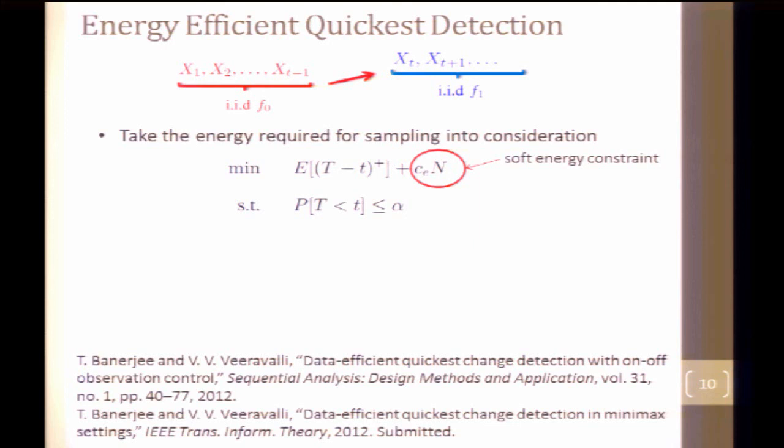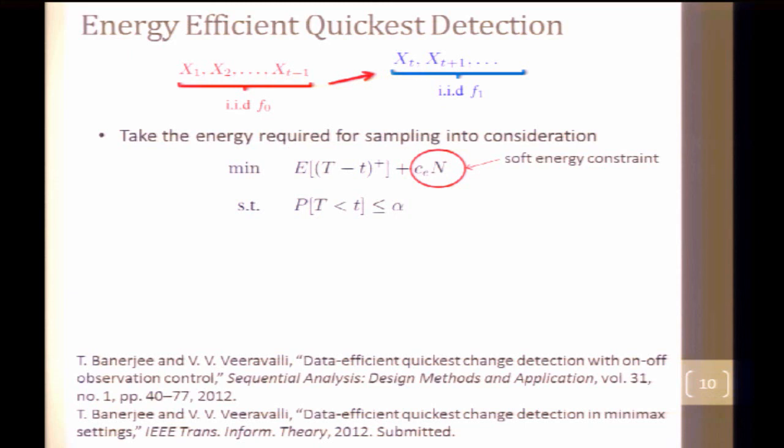So what they try to do is minimize the linear combination of these two terms with the same false alarm constraint. But we think you can think of their scheme as a kind of soft energy constraint. What does that mean? Of course, they want to minimize the energy used for taking samples, but they can go ahead and take samples at any time they want.